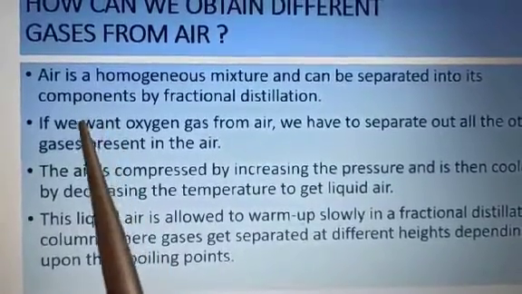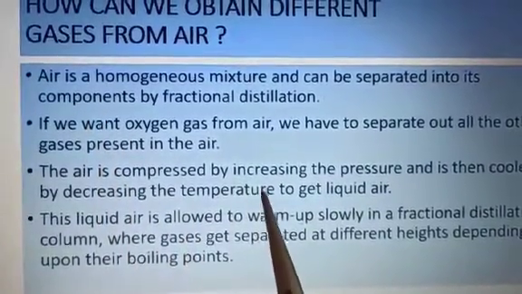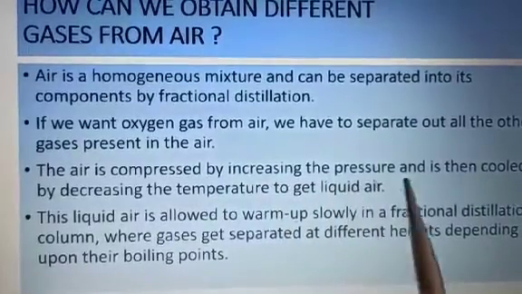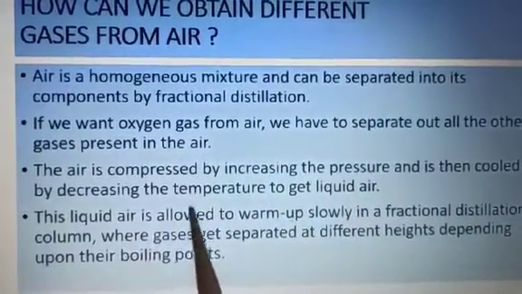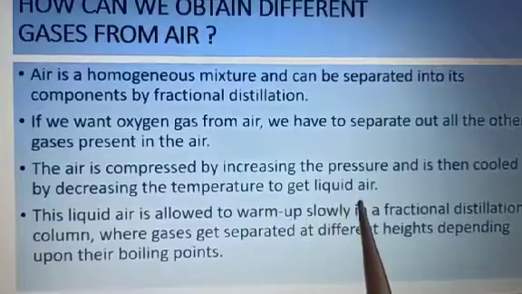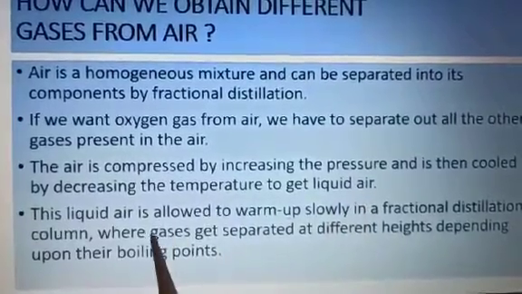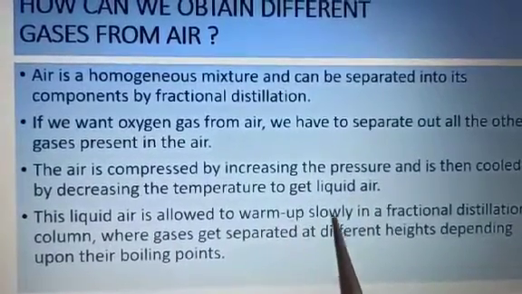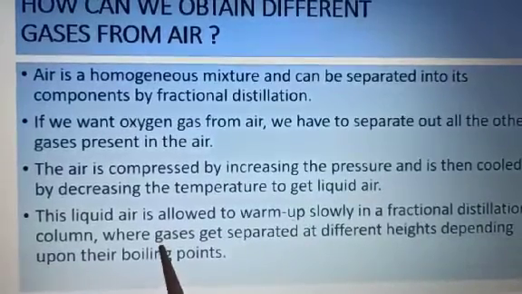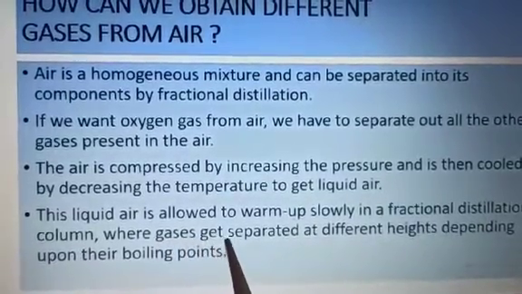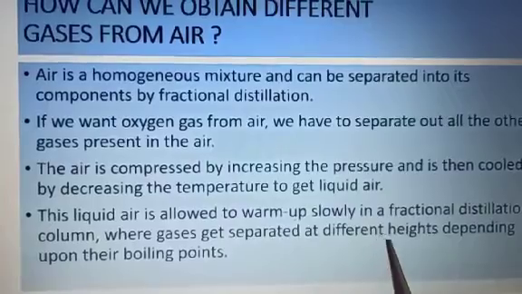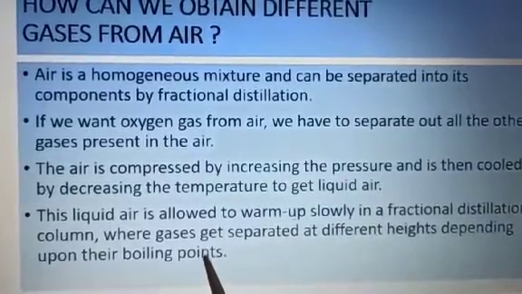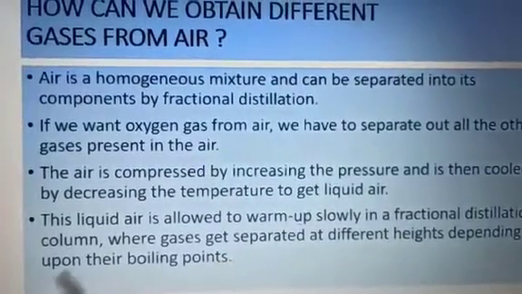First of all the air is compressed by increasing the pressure, and then it is cooled by decreasing the temperature to get the liquid air. And then this liquid air is allowed to warm up slowly in a fractional distillation column, where the gases get separated at different heights depending upon their boiling points.